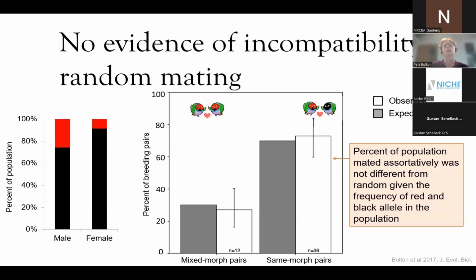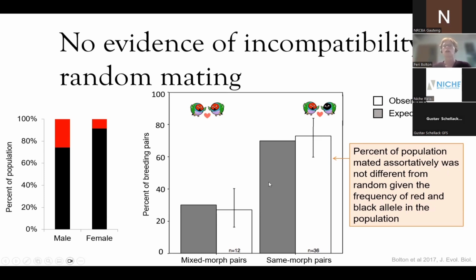So using these data that were collected, we found that there was no evidence that the birds were mating preferentially with their own head color. Given the frequencies of the different head colors in the population, we can produce a prediction, due to randomness, of how many pairs of mixed morph and how many same morph pairs there should be in the wild.